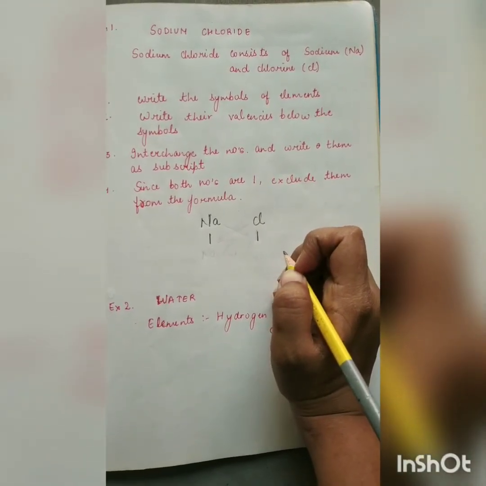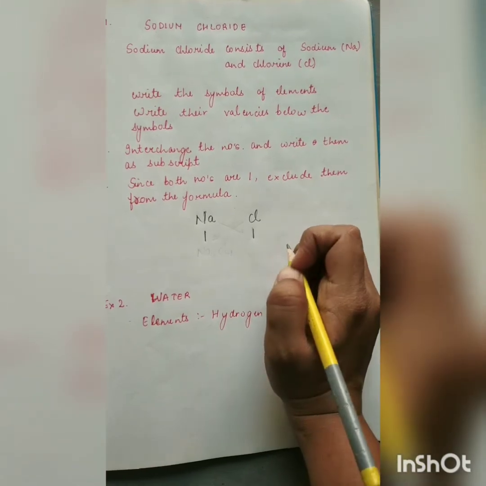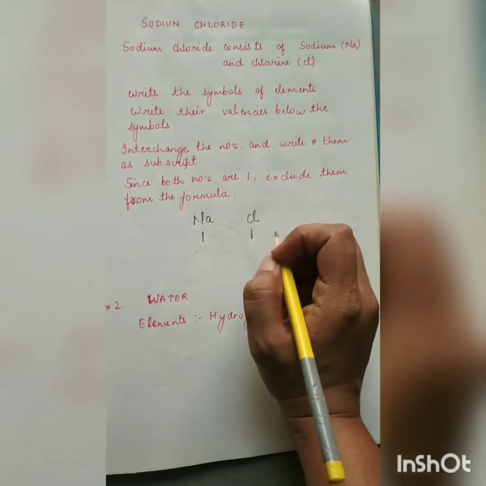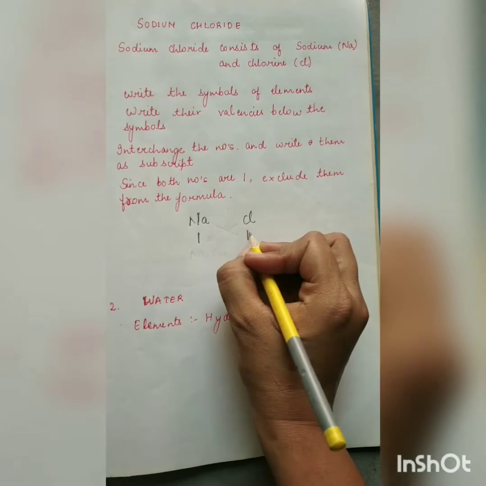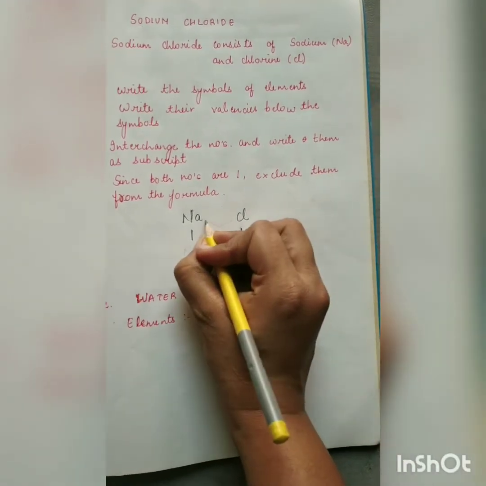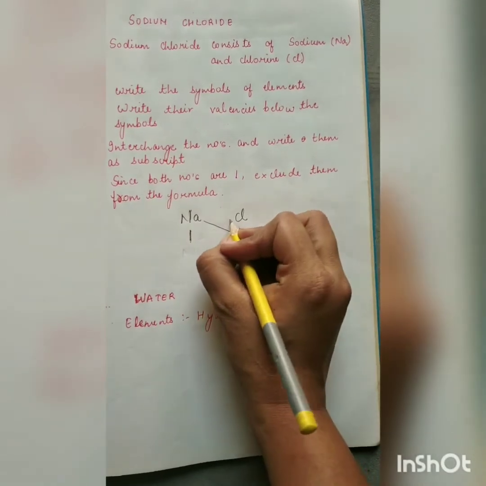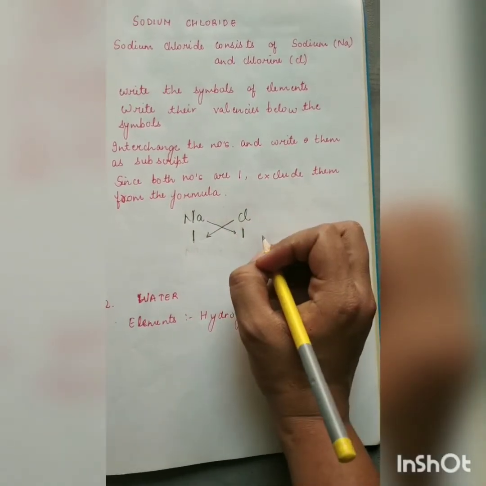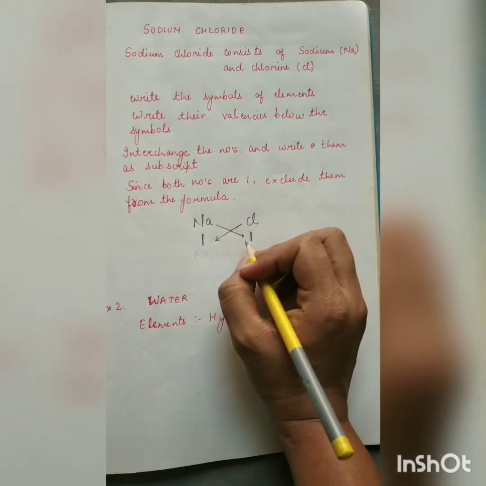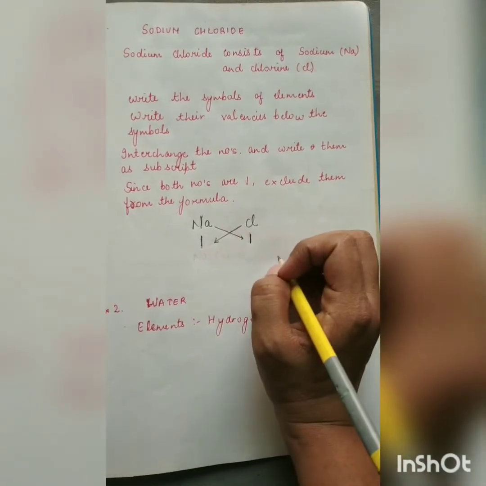Now, interchange the numbers and write them as subscript. By this, I mean that this number will be written as subscript of sodium and this number will be written as subscript of chlorine. So here we have to interchange the numbers.